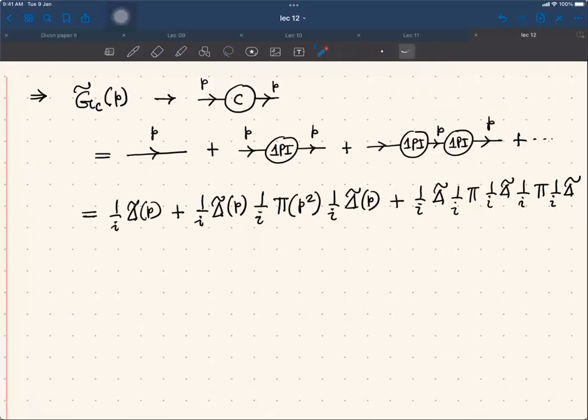So there are 3 propagators and 2 factors of pi. Okay, this is how it will proceed.